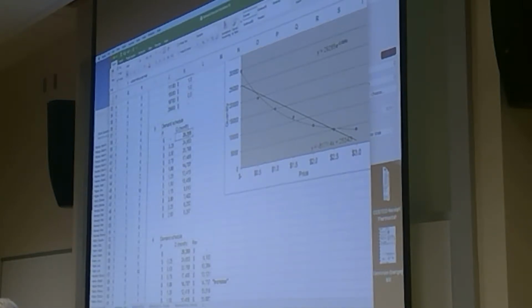Notice this formula over here. That formula is simply the demand function that you've just calculated, but now instead of X, it's just a cell reference to this cell for price. Okay? That's all that is.